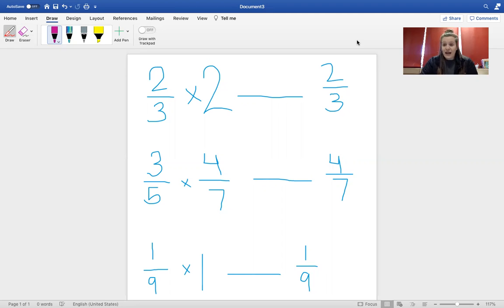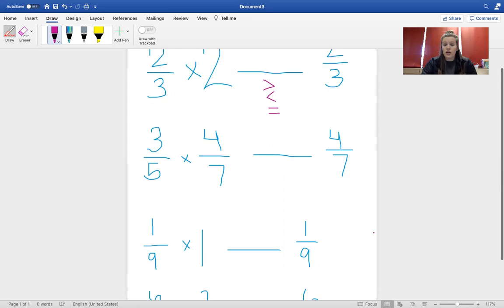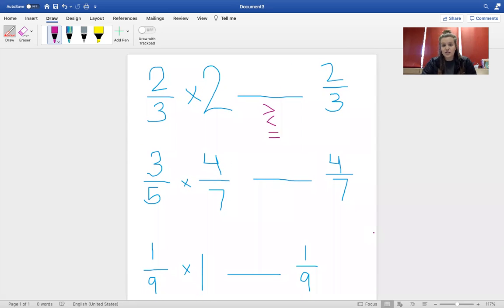But with all of that being said, we're going to jump right into today's lesson, and that is comparing fractions. So you can see we have a problem, we have a blank, and then we have a fraction. You have to tell me if 2/3 times 2 is greater than 2/3, less than 2/3, or equal to 2/3. And this is going to be your three options for all four of the problems that we're going to do together today.